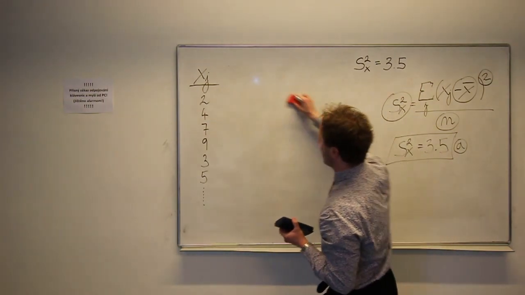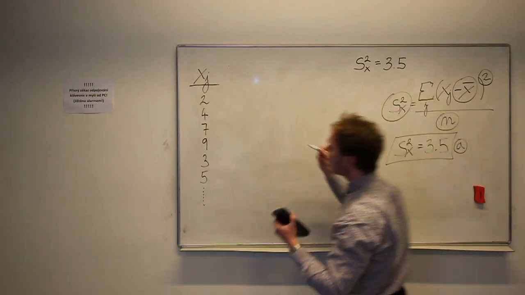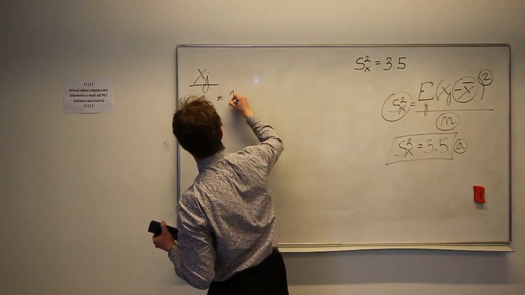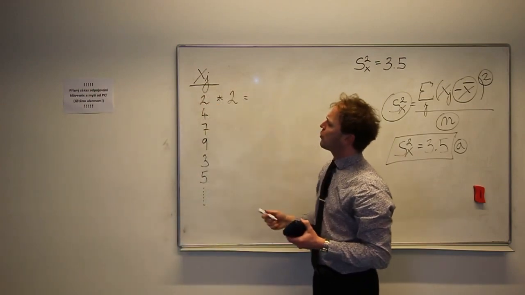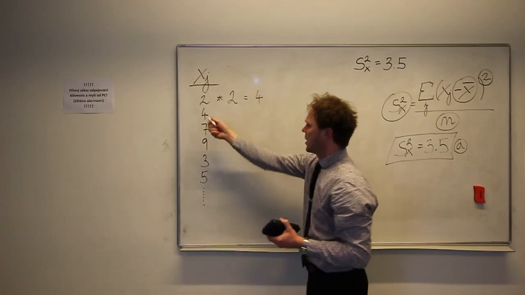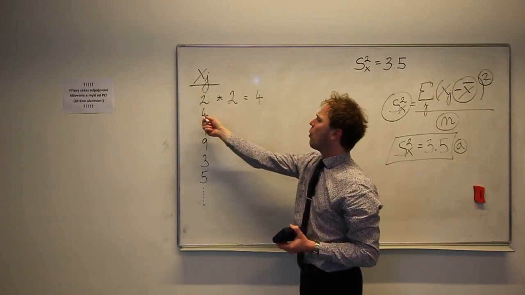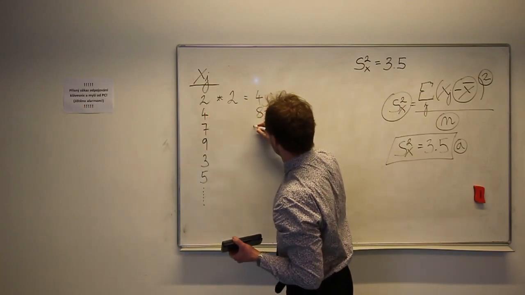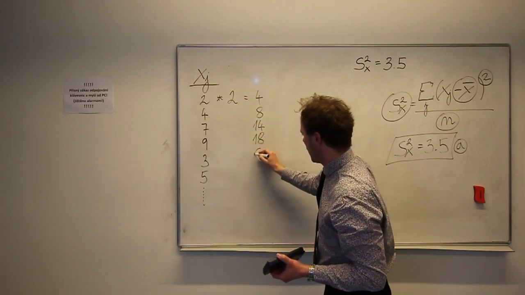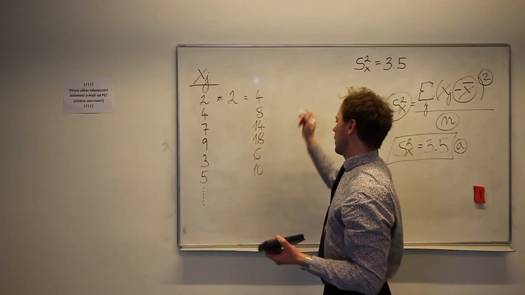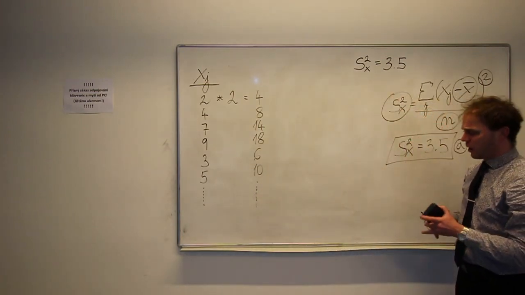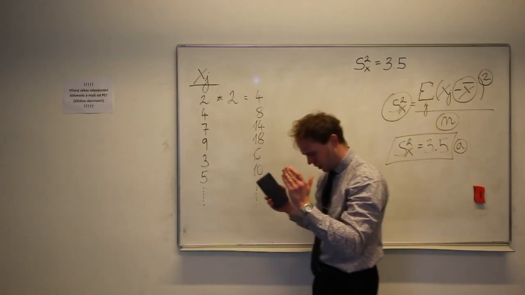The change now is that everything is doubled, multiplied by 2. So instead of value 2 there will be 4, there will be 4 times 2, 8, 14, 18, 6, 10, etc.